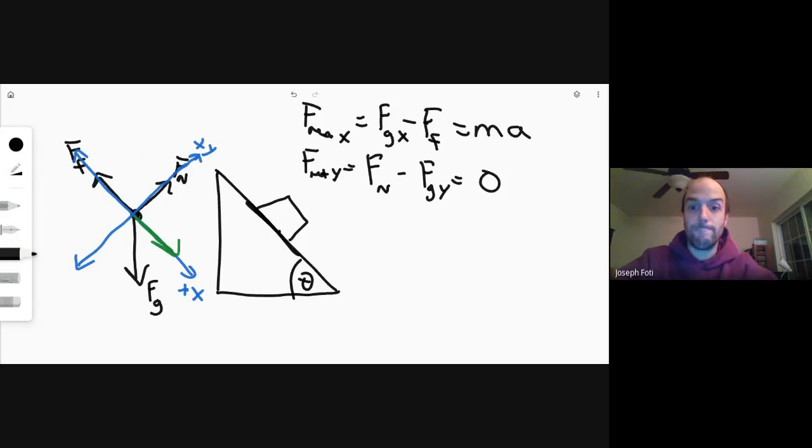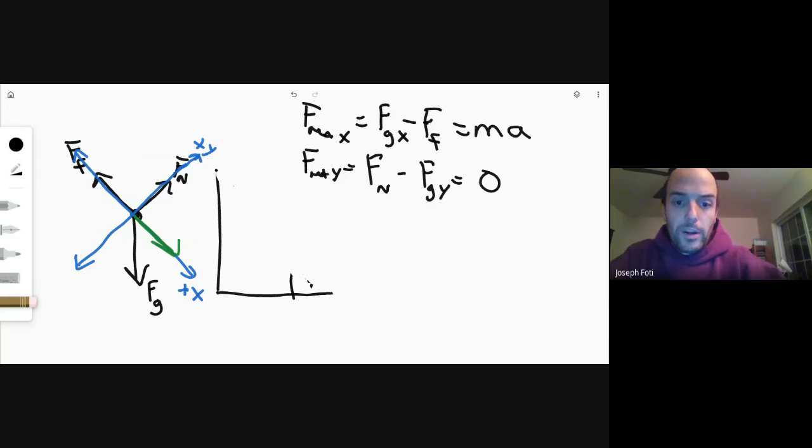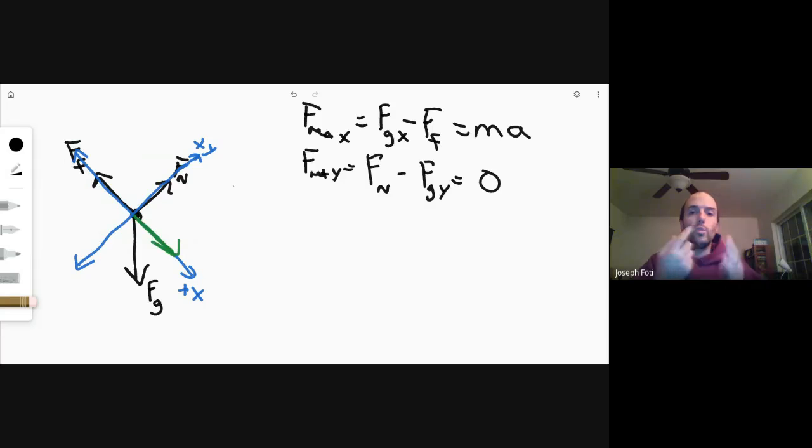All righty. Great. Now it's time to figure out how we can find an acceleration or whatever it is we're looking for. I'm actually going to erase the picture because what I'm going to do next is another one of the key changes. The first key change was that normal force is no longer vertical.